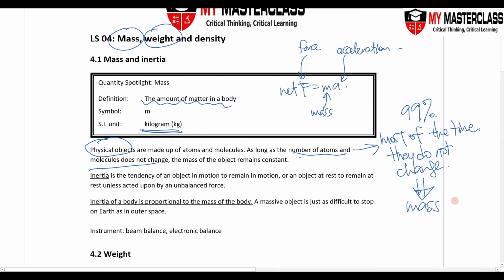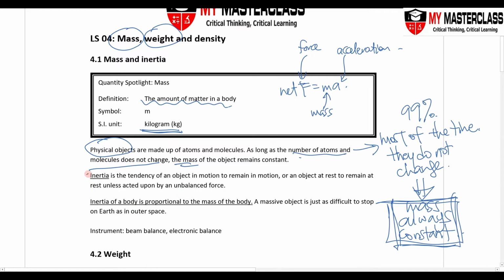Mass is always constant. What I mean by always constant: no matter where you are on Earth, on Mars, or in outer space, your number of atoms and molecules will be the same, and therefore your mass will be exactly the same. Stress again, the mass is always constant no matter where you are.